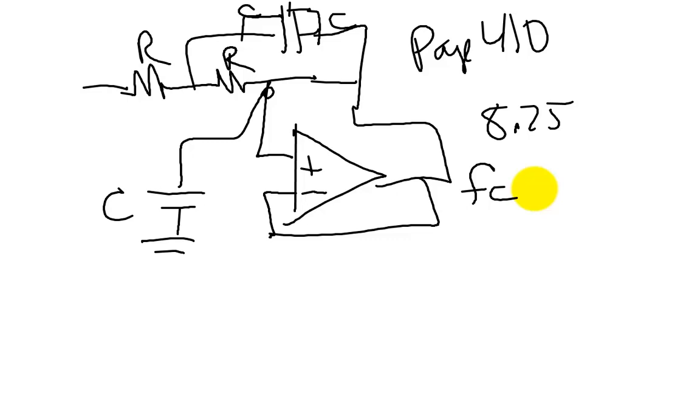By the way, the purpose of this filter is to do what? Two purposes of this filter are what and what? It is a low pass, but why? Anti-aliasing. And it improves signal-to-noise ratio, right?